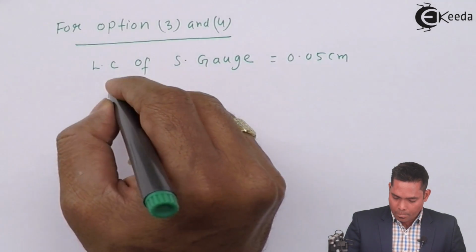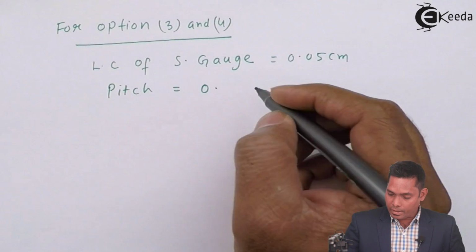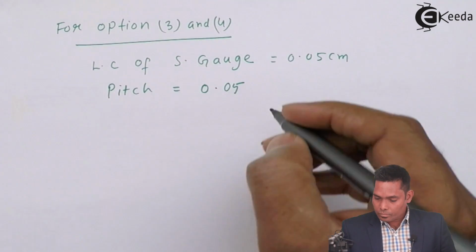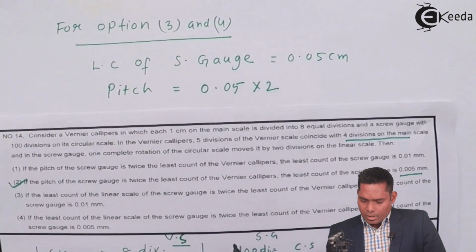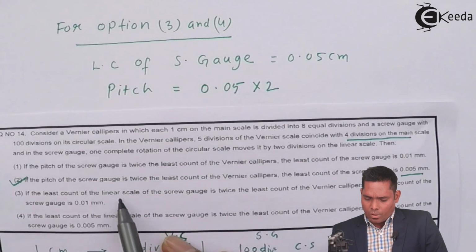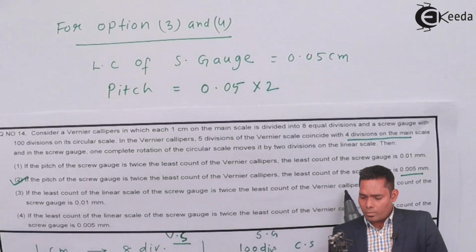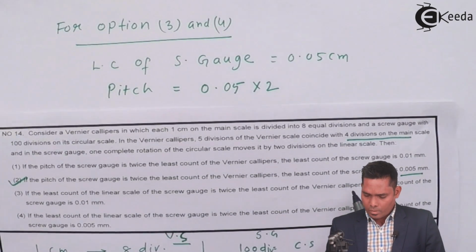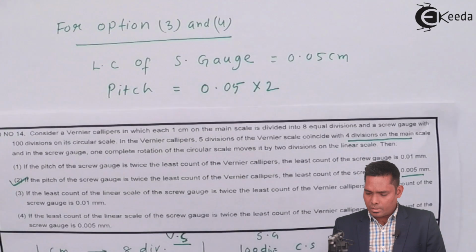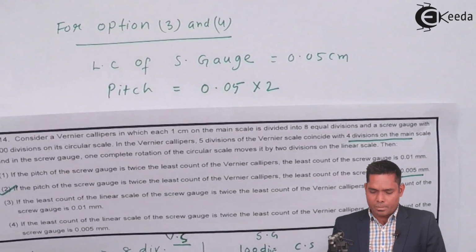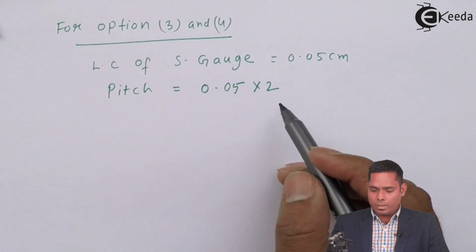So the pitch of the screw gauge will be 0.05 into 2, because it is saying that if the least count of the linear scale of the screw gauge is twice the least count of vernier calipers. The vernier calipers is 0.025, so it is 0.05.